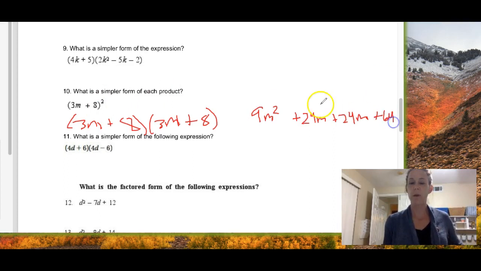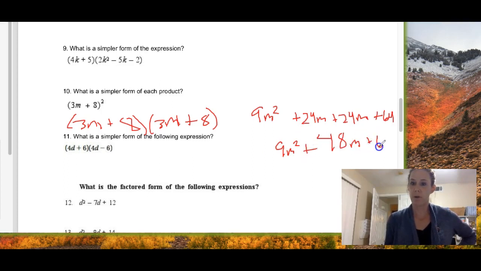Now, if you know the quick way, because this is a square, you know this middle term is going to be 2 times the first times the last. You can do that, but if not, just FOIL it out. 24m plus 24m is 48m. So you're going to get 9m squared plus 48m plus 64. And that will be the final answer.